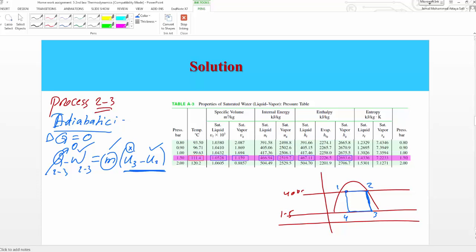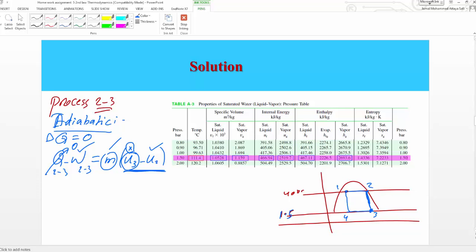You're going to see why, because as you remember, when we started this problem, we said point 3 here is not actually fully defined. I just know that P3 is 1.5, but I don't have any other information that makes it fully defined. So I need to find another property, and that is U3.